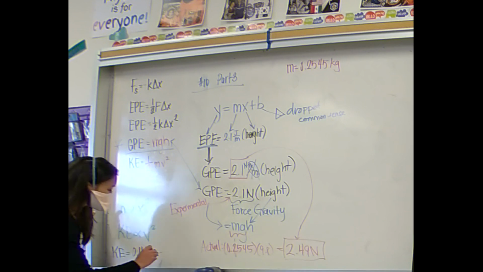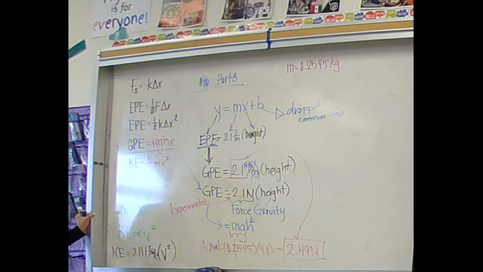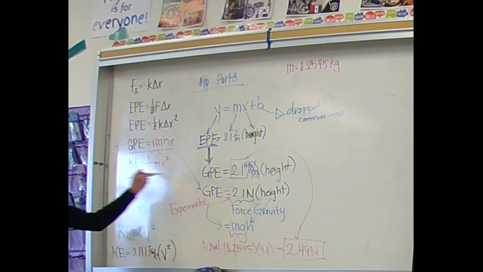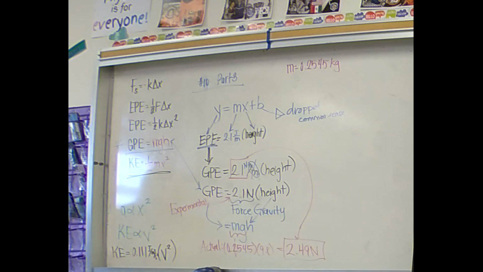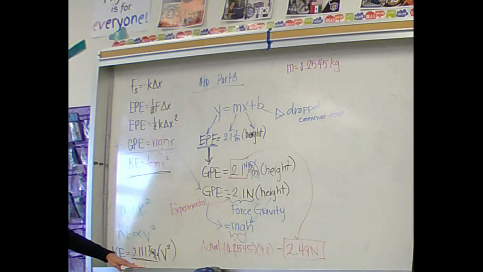So if we look at our kinetic energy equation, what should this 0.111 represent? Remember, our mass times gravity represented our 2.45. For our kinetic energy, what does the 0.111 represent?